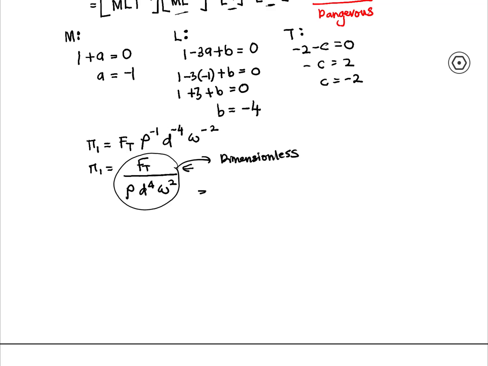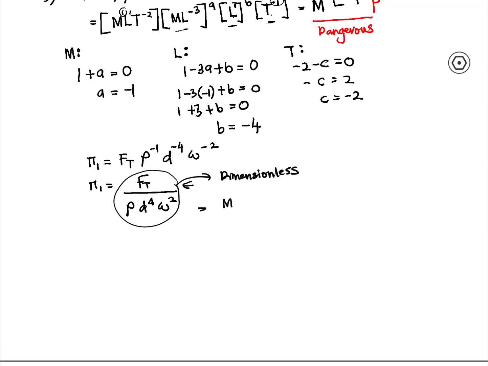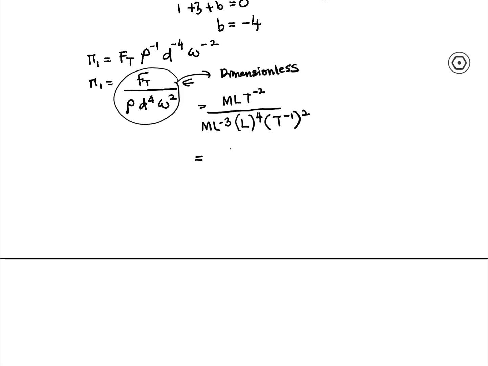Ft is M L T minus 2, over rho is M L minus 3, D is L to the power of 4, and then omega is T minus 1, squared. Okay, this is for checking purposes.